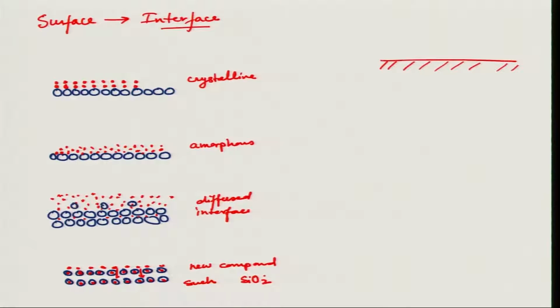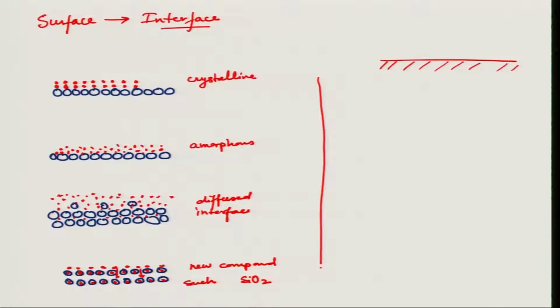If you take a silicon surface and diffuse oxygen atoms into it at a higher temperature, the oxygen atoms will bond to silicon and form a silicon oxide thin film. So, these are the various kinds of interfaces which you can expect.